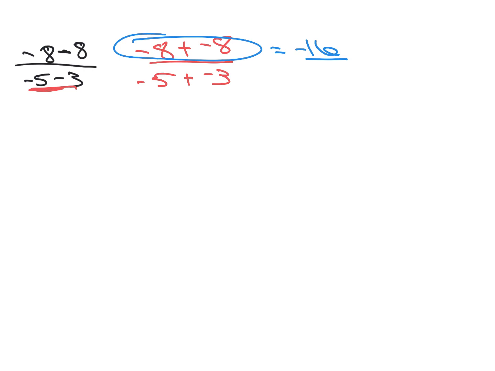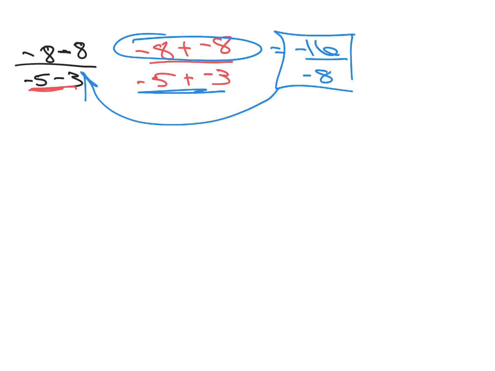Okay, on the bottom, signs are the same, so I add them, put the sign on there. So this is my simplified version of this but it can be simplified even more. Because two negatives, we have an even number of negatives, so that becomes positive. So my negatives go away. 16 over 8 is 2. So it changed to a positive 2 there, and we're good.